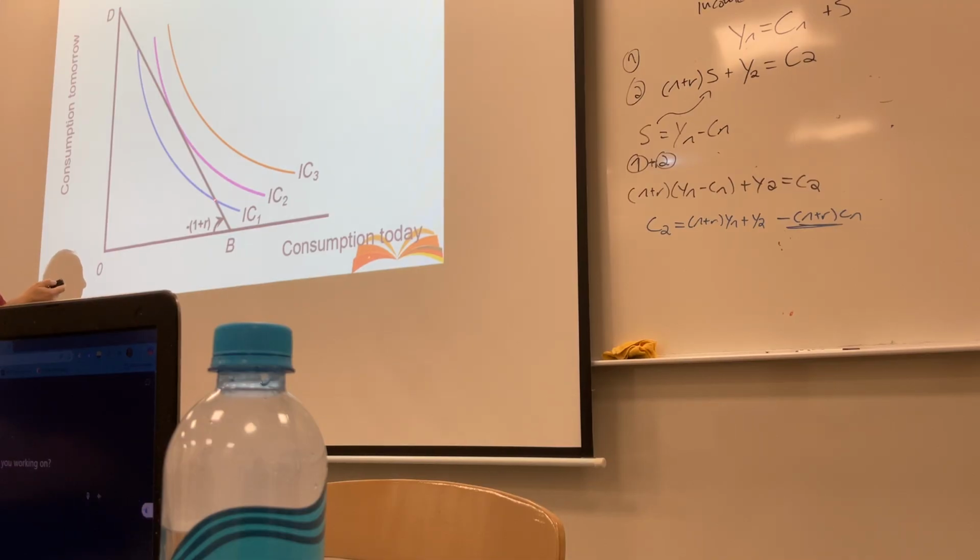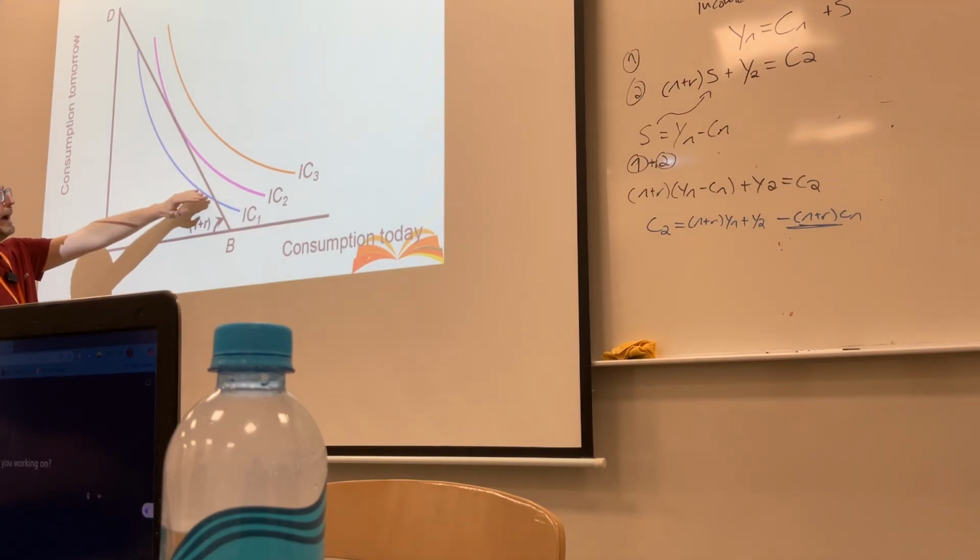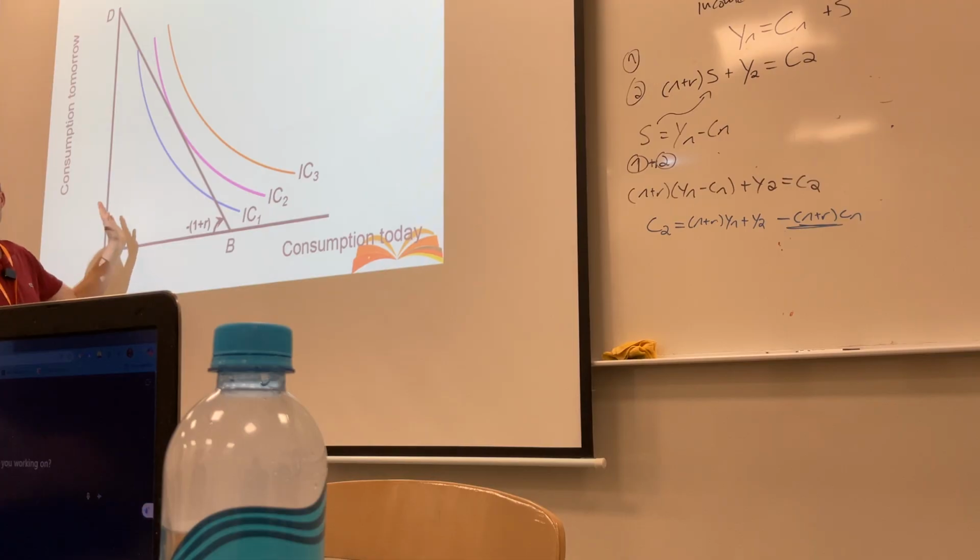The difference is, if I reduce my consumption by this much, then tomorrow I'll not only be able to afford this much consumption, I'll actually be able to afford even more. So I can move up to a higher indifference curve, further away from the origin, by shifting consumption from today to tomorrow. I'm going to keep shifting consumption from today to tomorrow until I get to here.